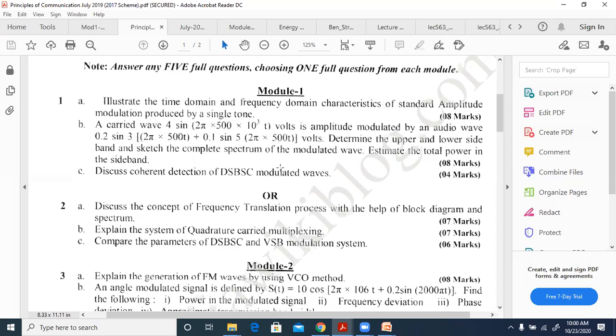All that you can just try to find out. Then you have the coherent detection of the DSB-SC modulated wave. We have gone through the coherent detection; that can be done very easily. So this is just FM1 and FM2. Please solve this.